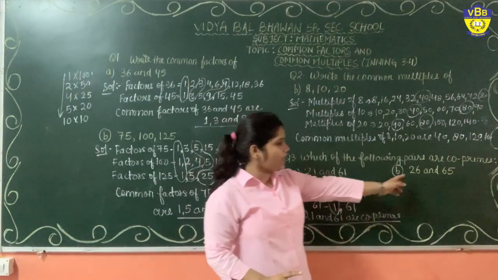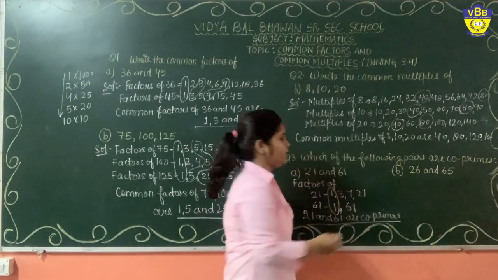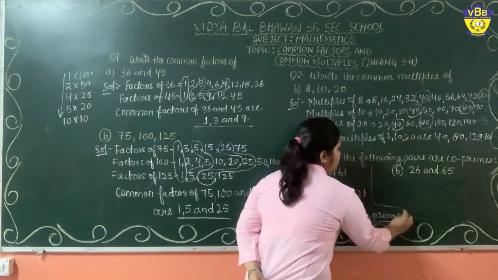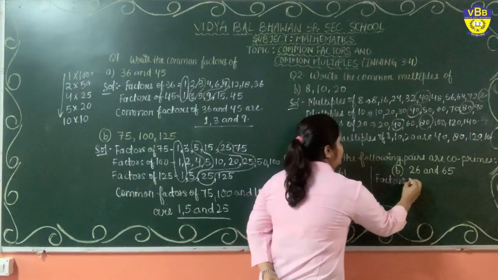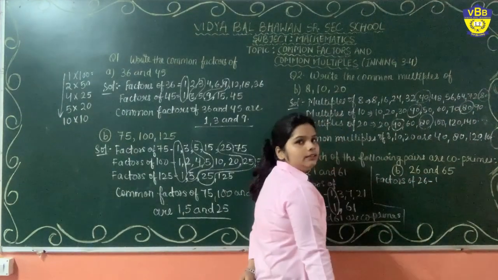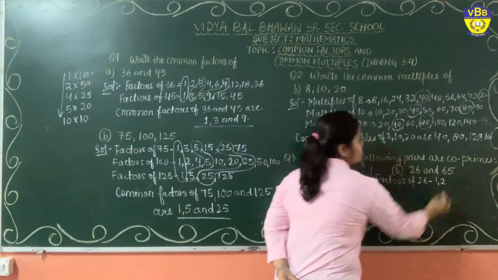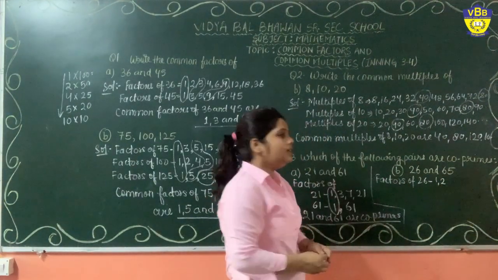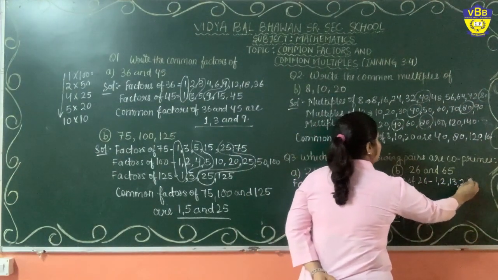We need to list the factors of 26 and 65 and then check for the common factors. So for that, you will list the factors first. Factors of 26: it comes in the table of 1, then the table of 2, and then directly the table of 13, and then 26.